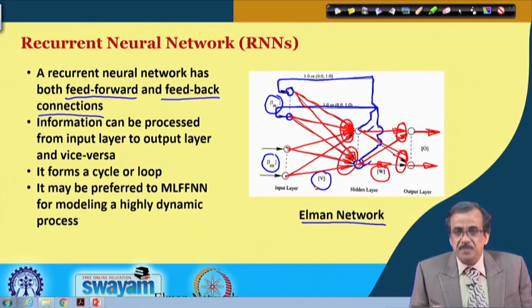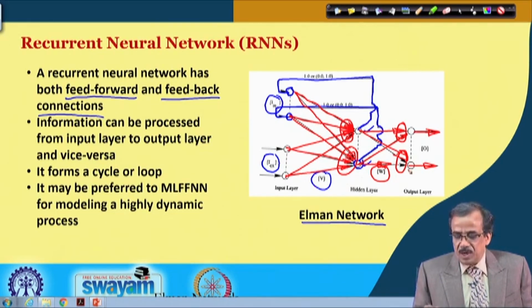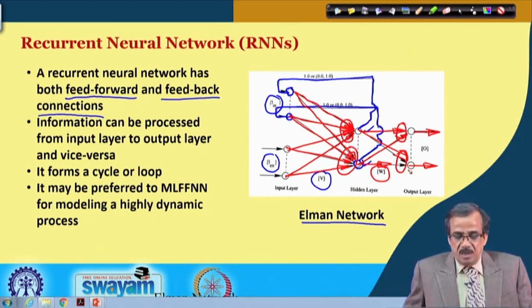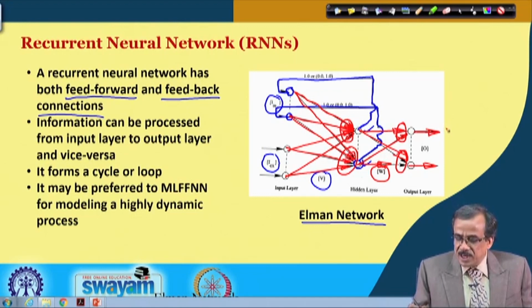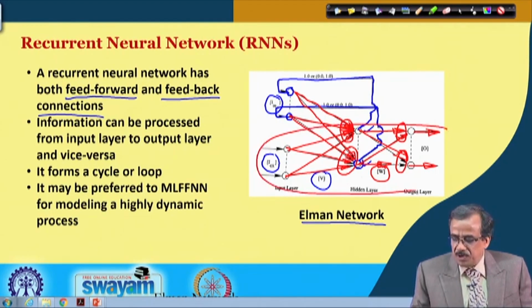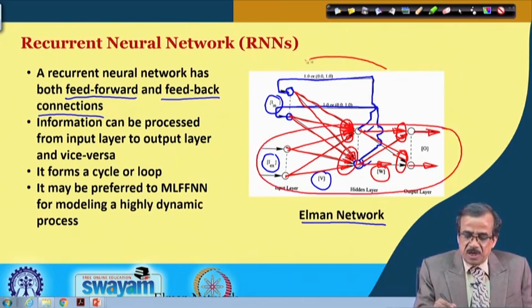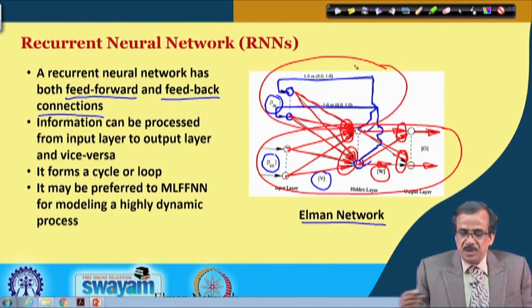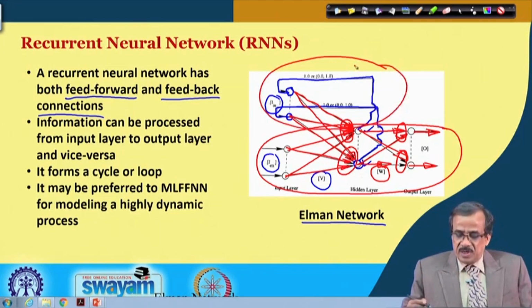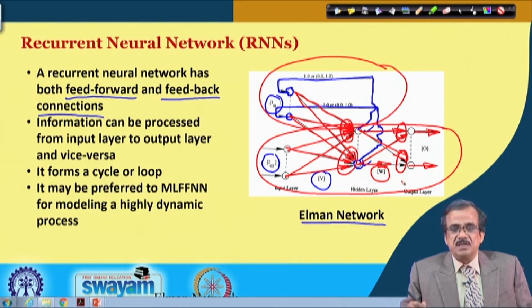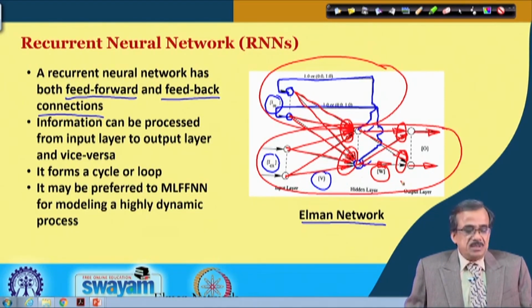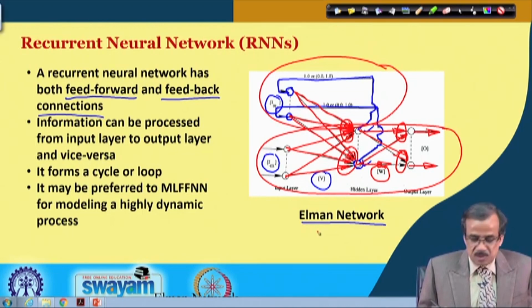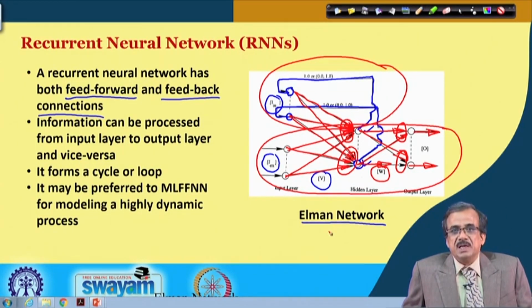If you see, this network consists of two components. One is called the feed forward component, and the other is the feedback component. So, this network has both components, and it will be able to capture the dynamics. This shows the working principle of this Elman network.